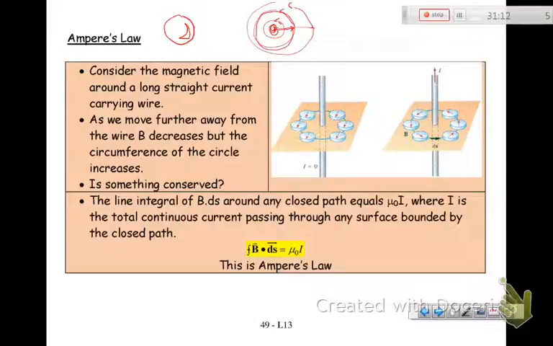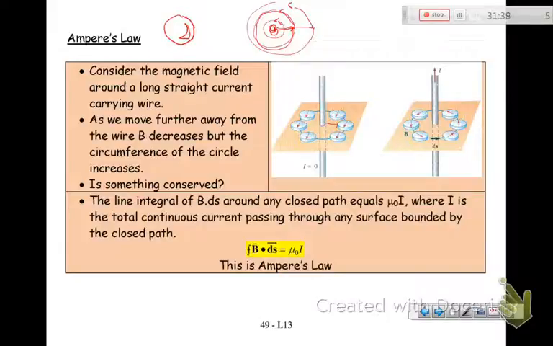You might say, oh, I'm suspicious, and sure enough there is a consistency here. As you go further and further away from the wire, the magnetic field decreases, but the circumference of that circle you're on increases. And so the two effects cancel each other out.